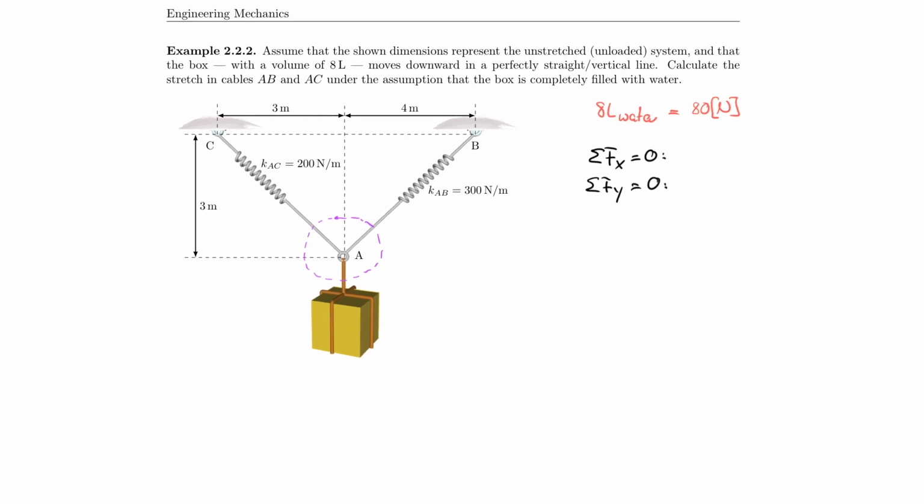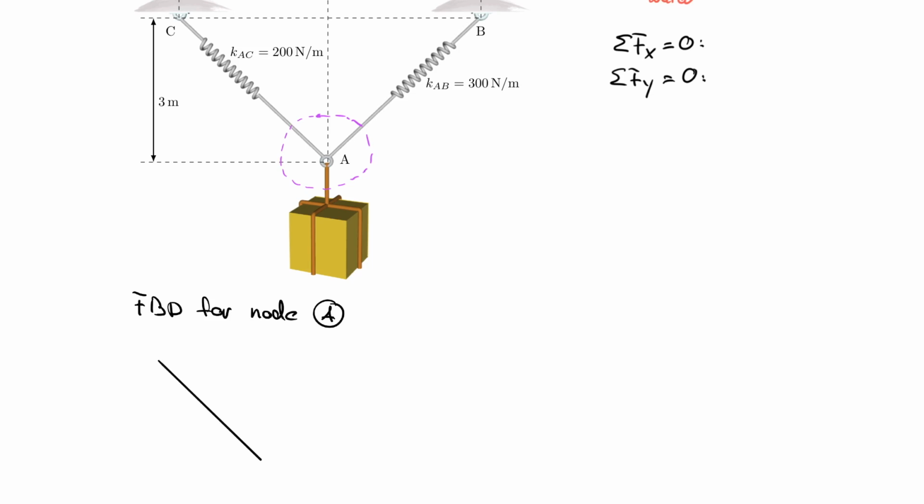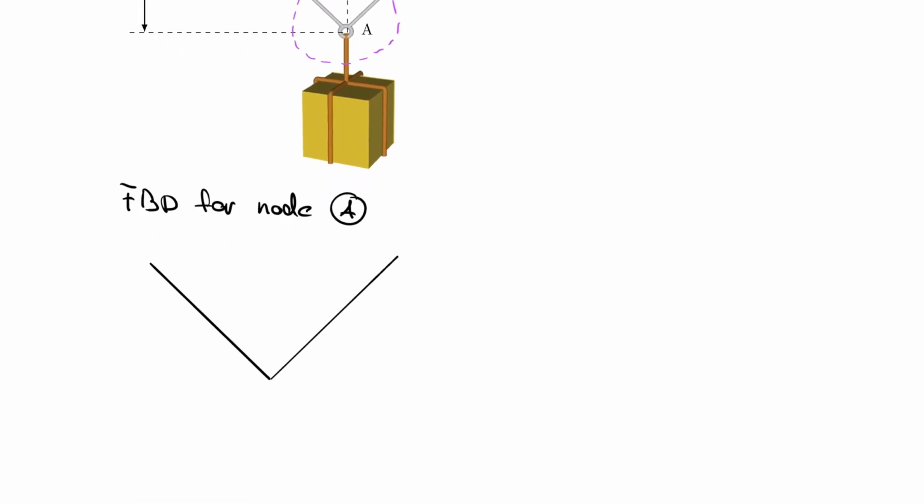All right, let's draw the free body diagram for node A. And I'm going to copy my slopes here. So the first one is a 3, 4, 5 triangle, and then we have the, sorry, that's actually a 3, 3, so that's a 45 degree. And then here we have a 3, 4, 5 triangle.